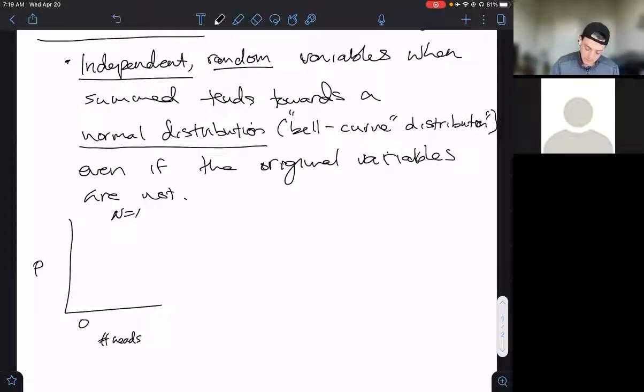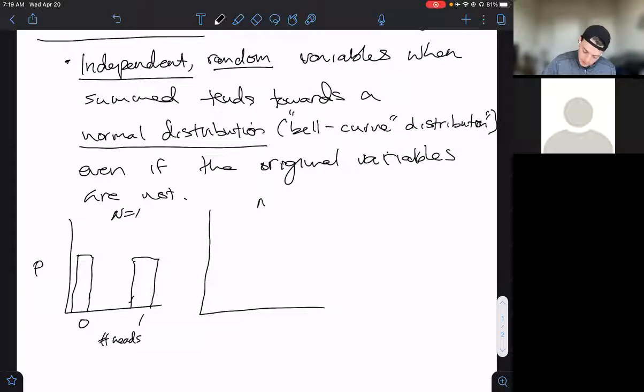And so we have 0 and 1, so we can get about a 50-50 equal chance of heads or tails with one coin flip. So that doesn't look like a bell curve yet, but let's say that we had n equals 10. Again, we're going to do the number of heads. So this is 5, this is 0, this is 10.